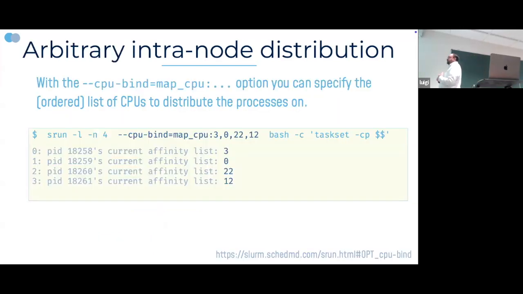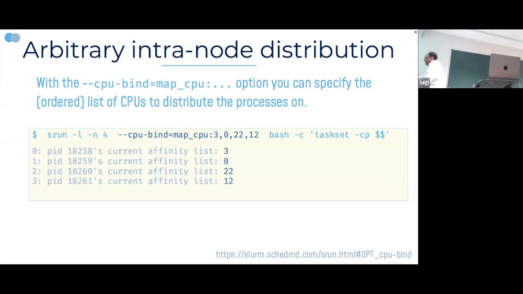And this can be done with the --cpu-bind option, where with the sub-option map_cpu, you can give it explicitly a sequence of the numbers of the CPUs that you want to use inside the node. And Slurm will start the processes on the CPUs or the set of CPUs that you have decided by yourself.